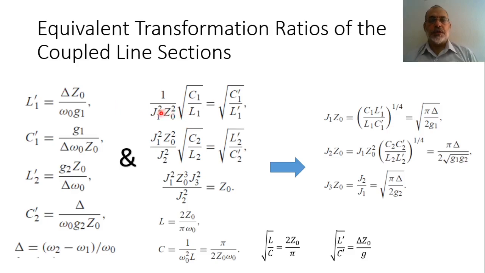In addition, this is the relation between the admittance transformation and the values of C and C dash and L and L dash.